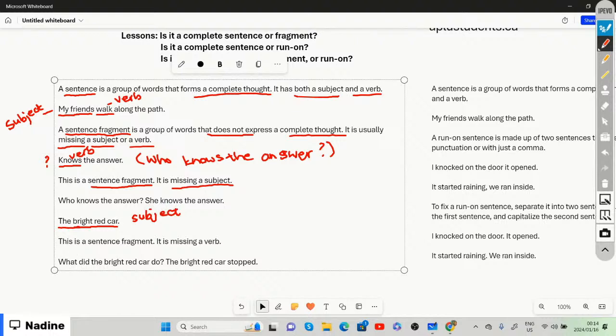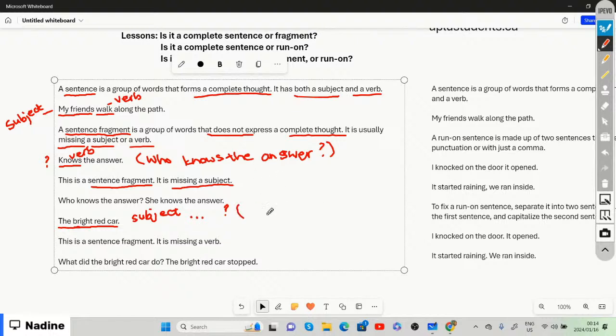Bright red is just an adjective describing what type of car, but this is a subject. And now it leaves us to ask the question, what about the bright red car?